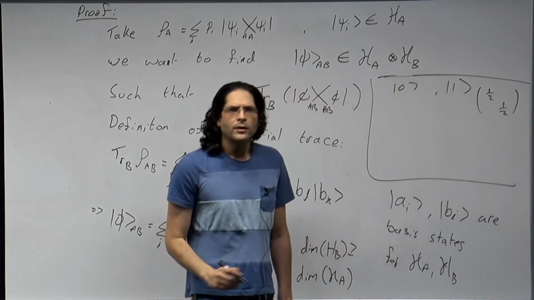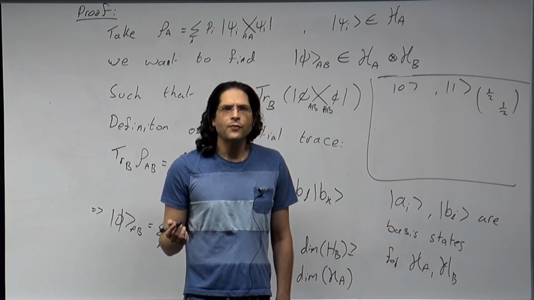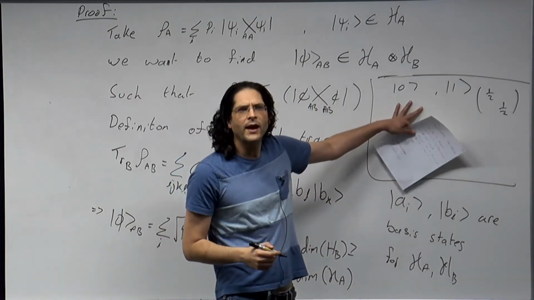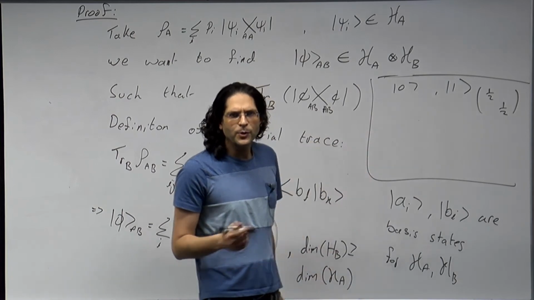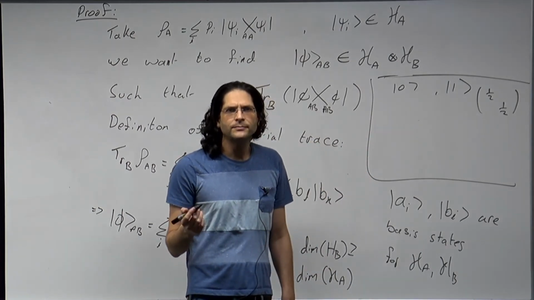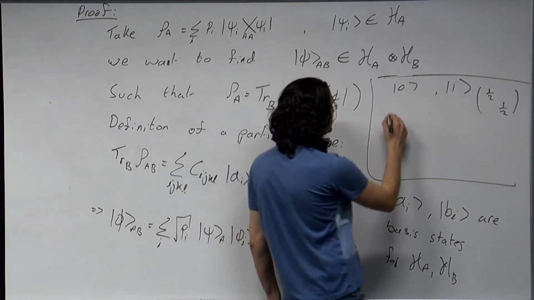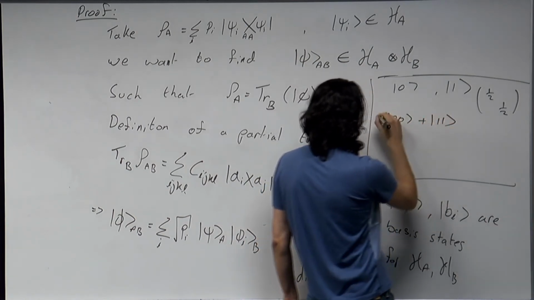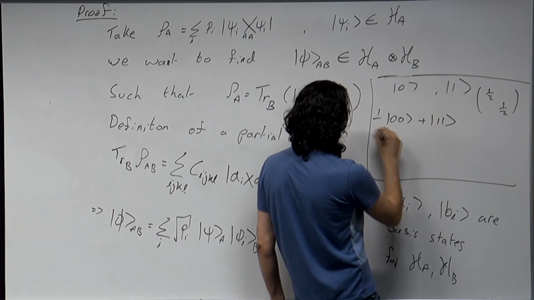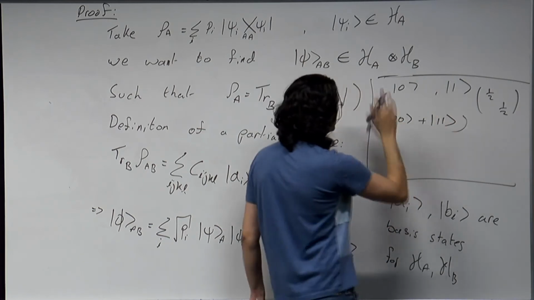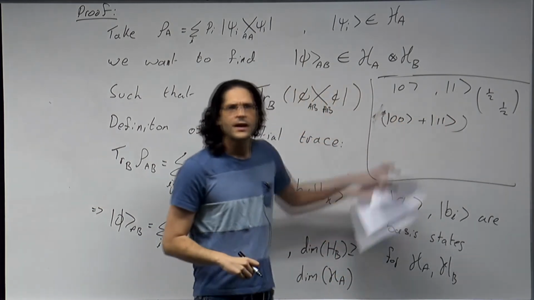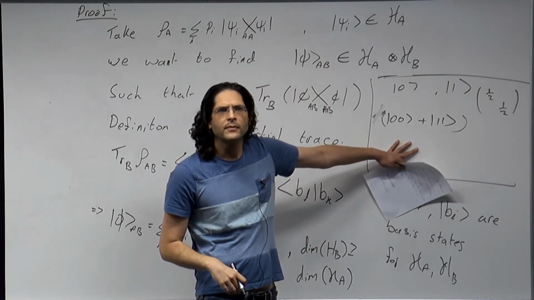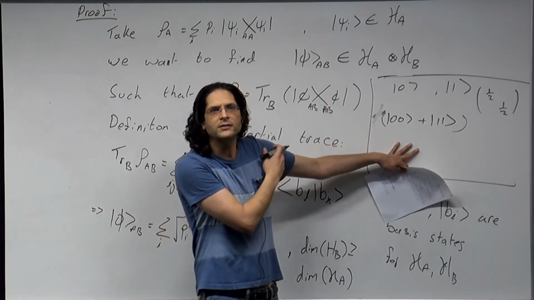But what happens if we purify this? We can purify it any way we want. We can also purify this into a Bell state, for example. So take a Bell state, |00⟩ plus |11⟩. Never mind the normalization. Do a partial trace on the Bell state. What do we get?